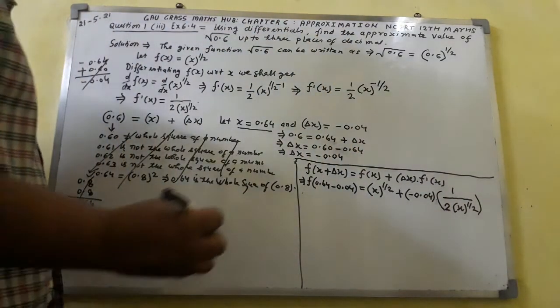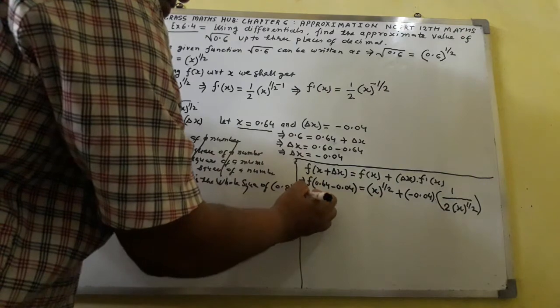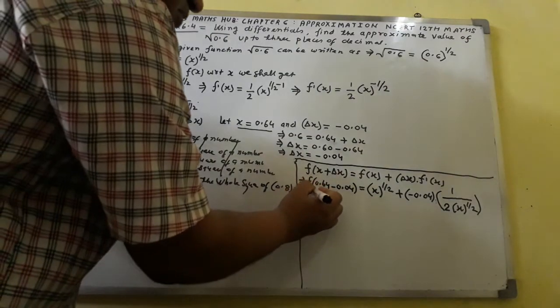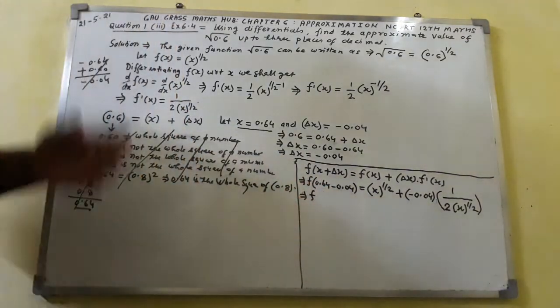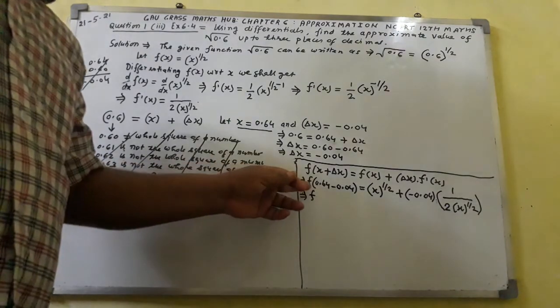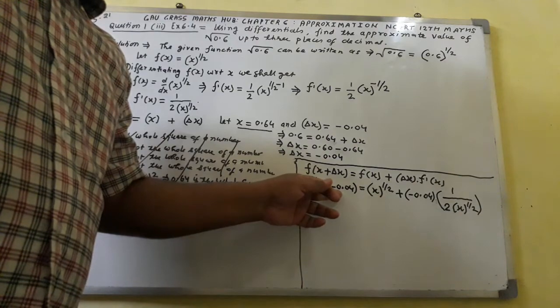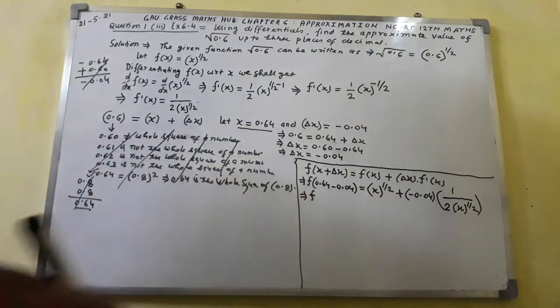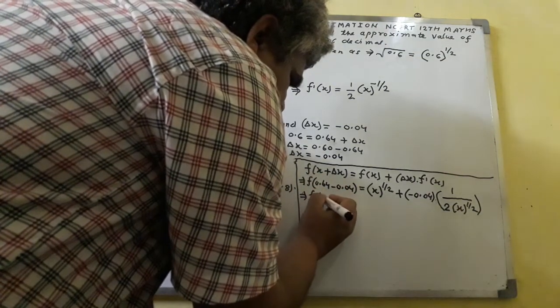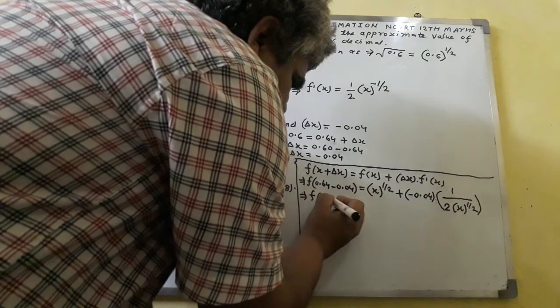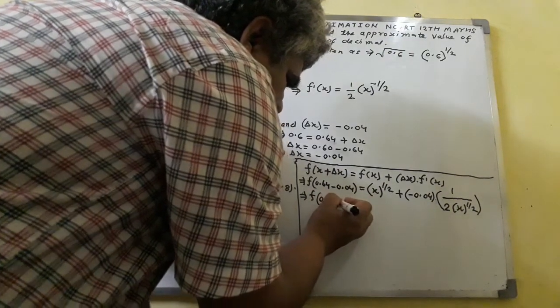Now what we'll do next? Here you will get this value. Here you can see 0.64 minus 0.04 comes out to be 0.6, written like this.